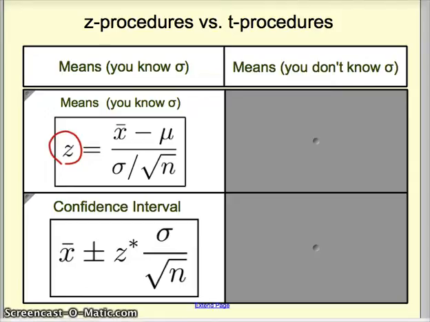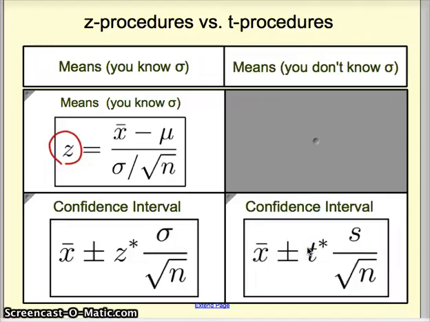Well, we take away the somewhat unrealistic assumption that we know sigma, and we've done this. We did t intervals. We took away sigma and we dropped s in its place, and as soon as we did that, we were dealing with t star and dealing with t distributions instead of standard normal distributions.